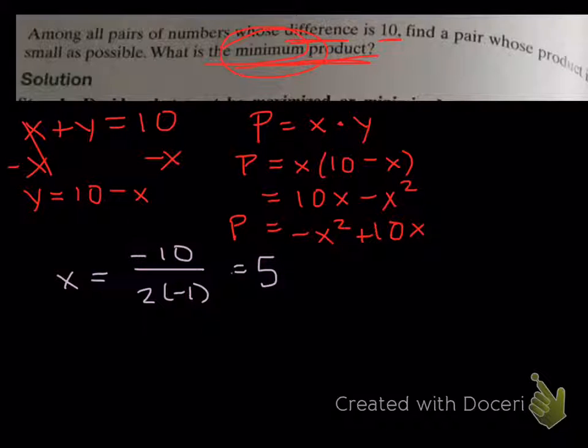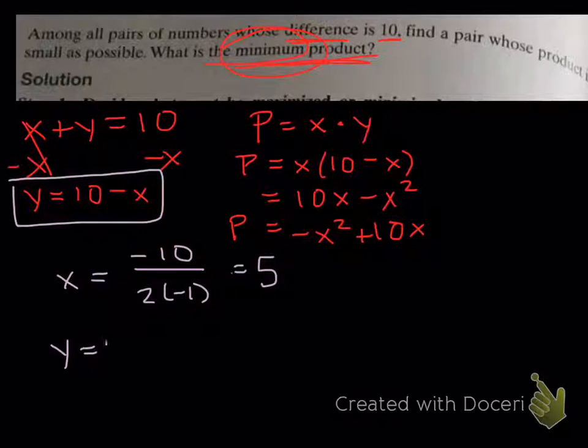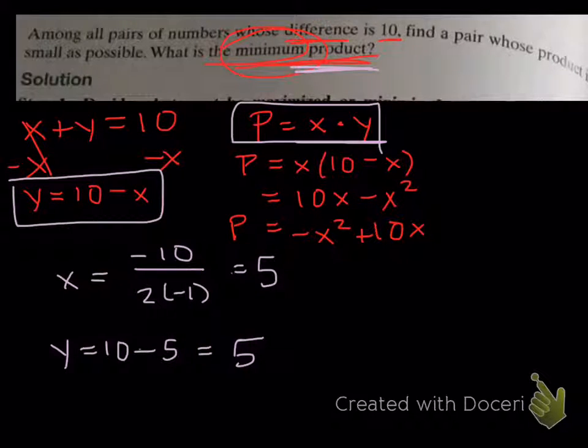Notice that we have this nice equation right here that has y already by itself. So y equals 10 minus 5, which is 5. So I found x, I found y, and remember the ultimate goal is to find the minimum product. So I go back to this equation and say that my product is 5 times 5. So the minimum product would be 25.